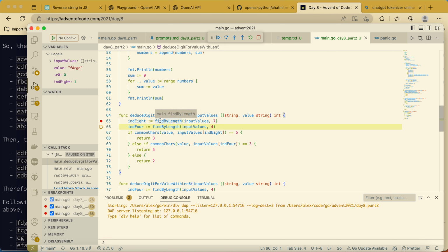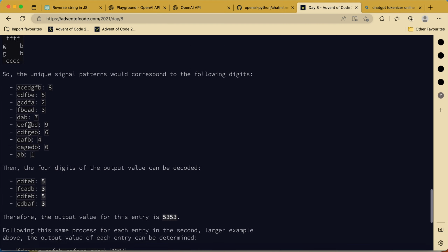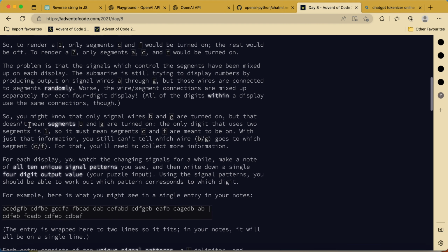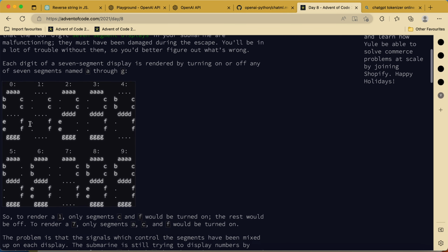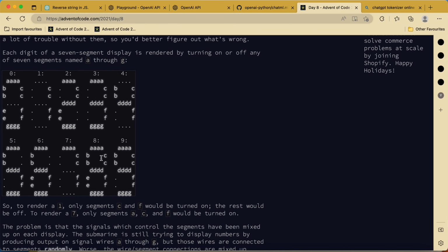And we would expect, if that's 3, to have 5 in common. This one should have 5 in common, because no matter how they're split, they should be there.